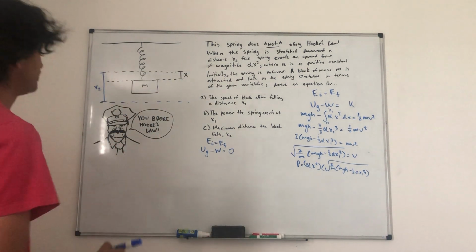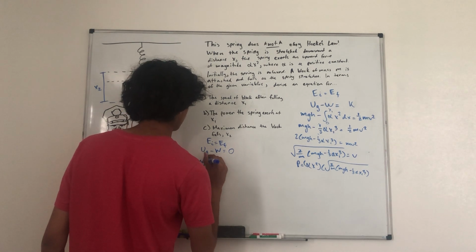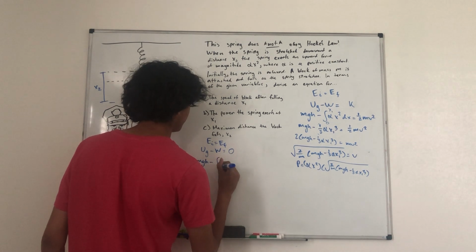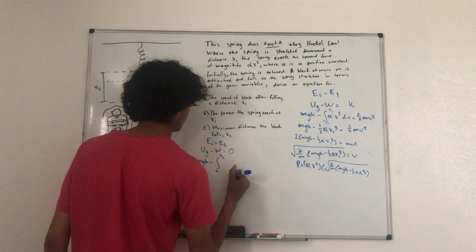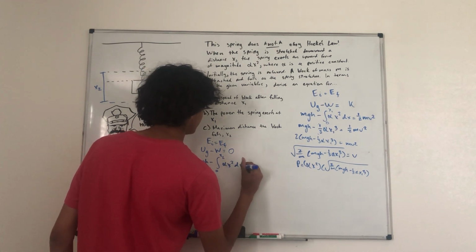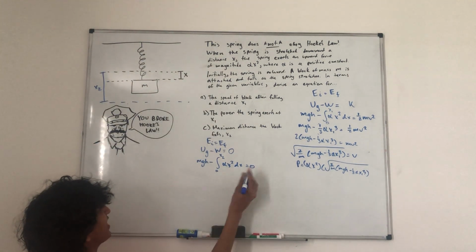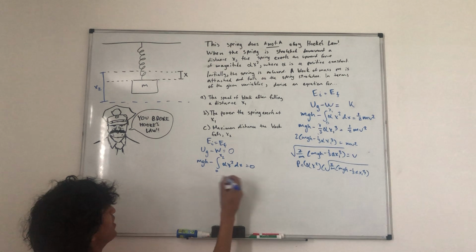From there, it just becomes a case of, okay, mgh minus, and then we're going to do that same integral 0 to x2 this time, of alpha x squared dx is going to equal 0. I'm going to kneel down for this because it's getting high. I don't want to make it too slanted.